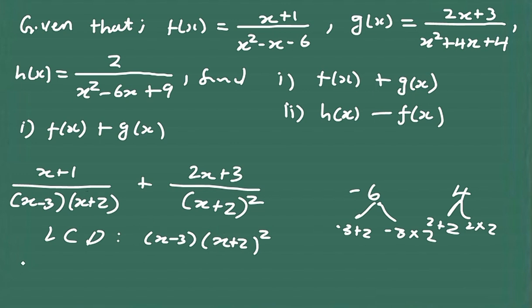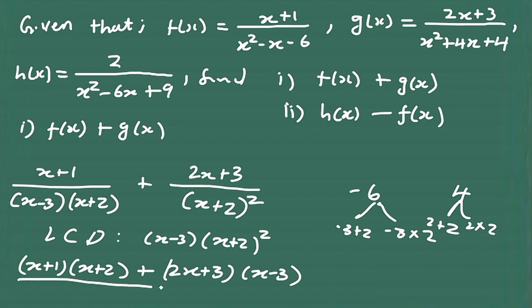So basically we are going to be left with x plus 1, that is the numerator, times x plus 2, plus, when we also take this common denominator and divide by the second denominator, x plus 2 all squared is gone and we are left with x minus 3. So times the numerator, which is going to be 2x plus 3 times x minus 3. All this is being divided by x minus 3 and x plus 2 all squared.